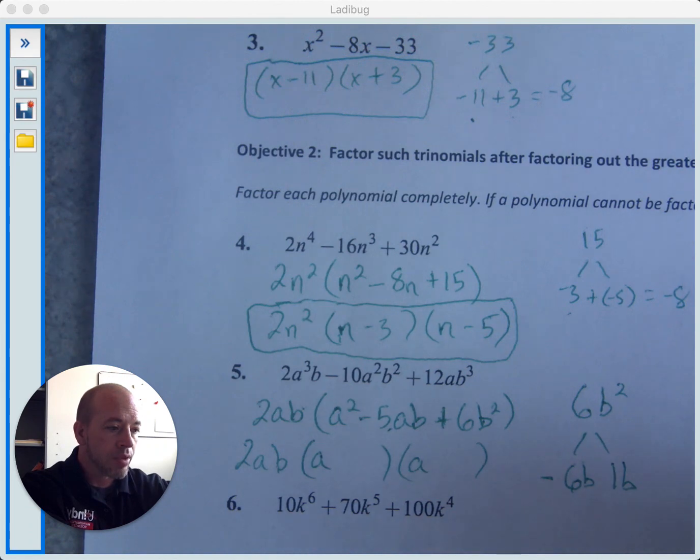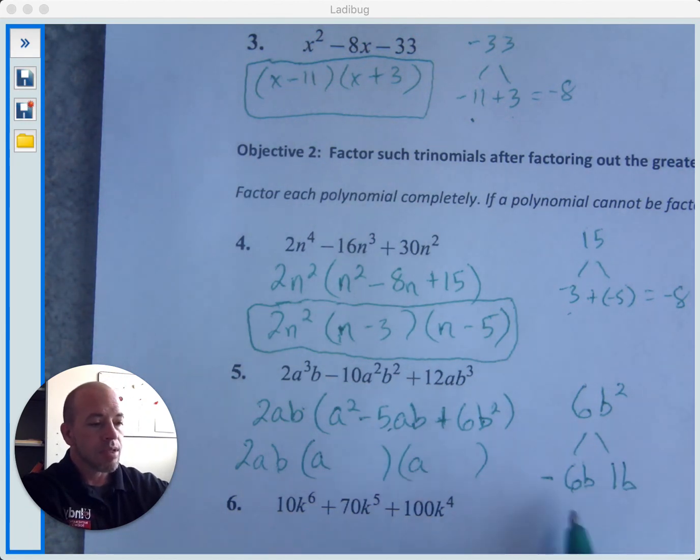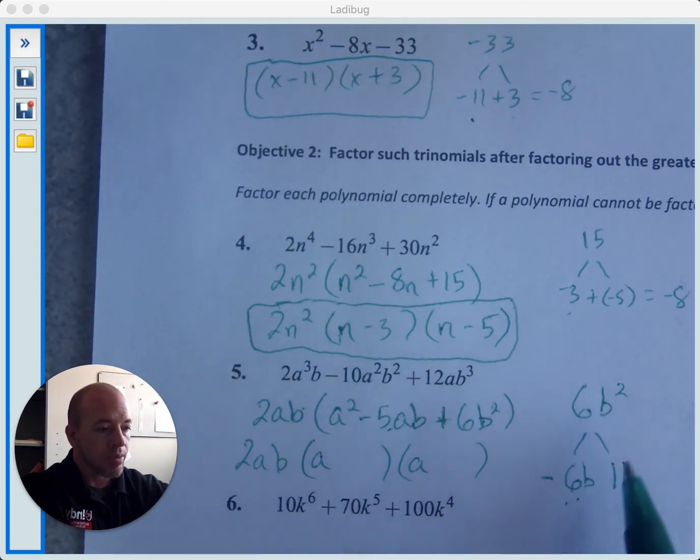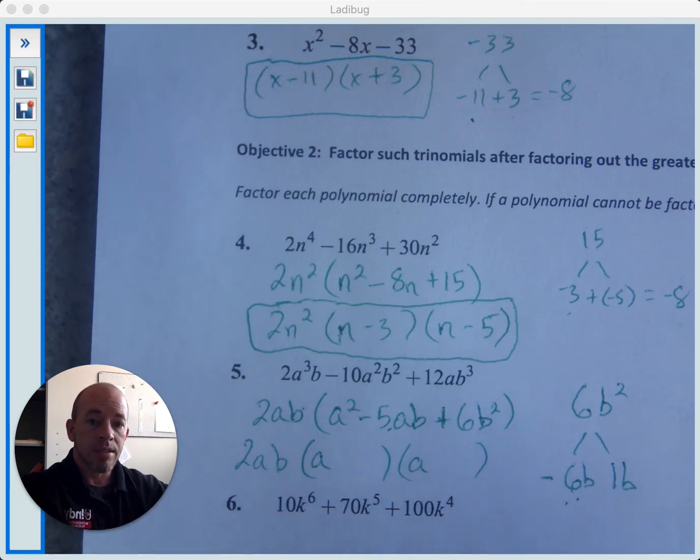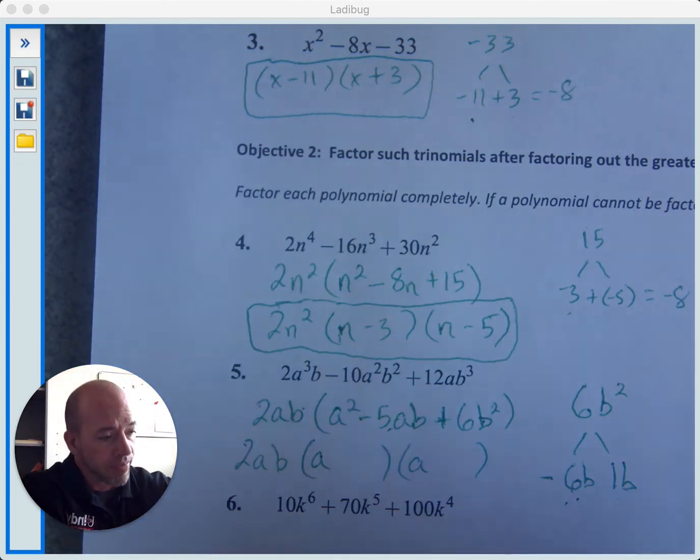Oh, that doesn't really work though, does it? Because 6b times 1b is 6b squared, that works, but this is a positive 6b squared, and we would need them both to either be positive or both to be negative. So maybe that's not going to work.